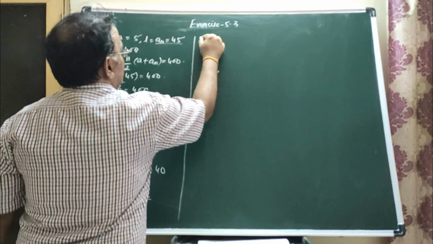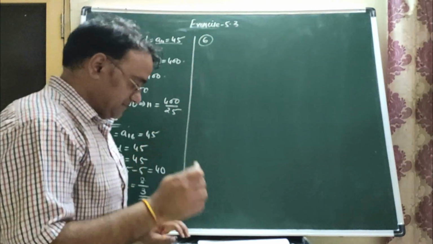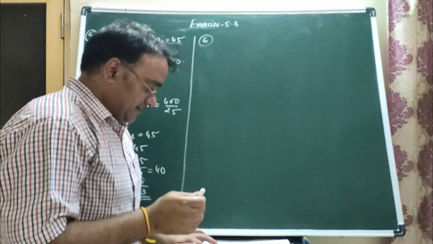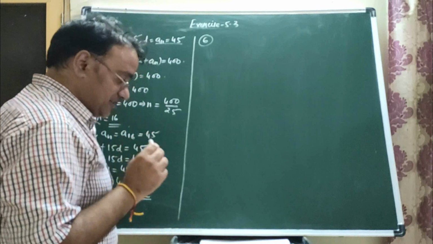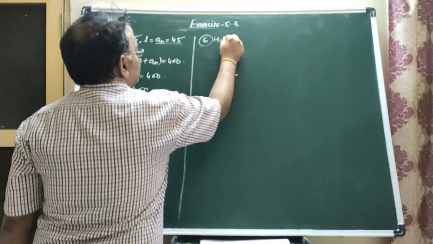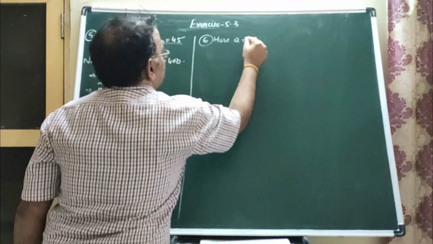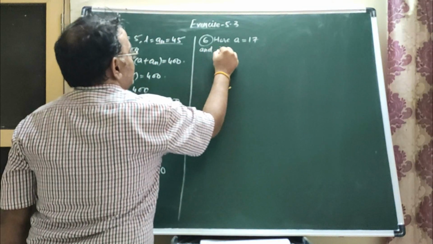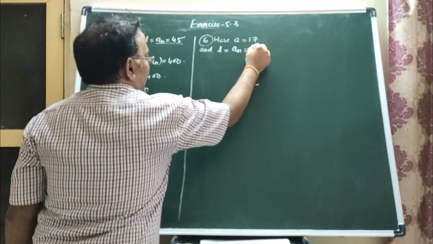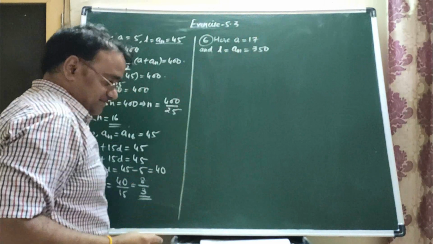Now we'll do the last question of today's session. Sixth question. The first and the last term, here also the same thing is given. First term is given, 17, and the last term, that is An is equals to 350.